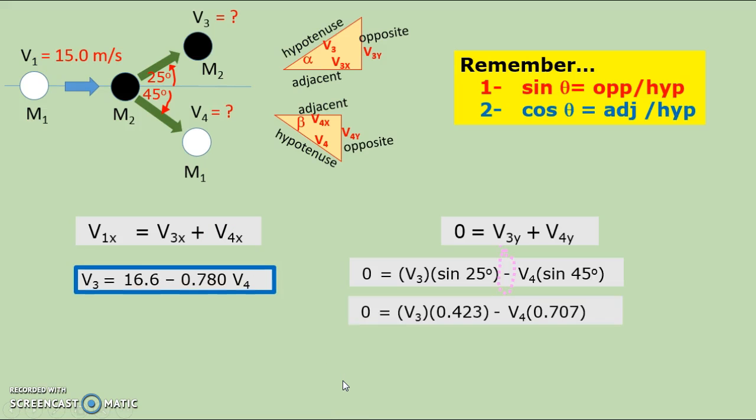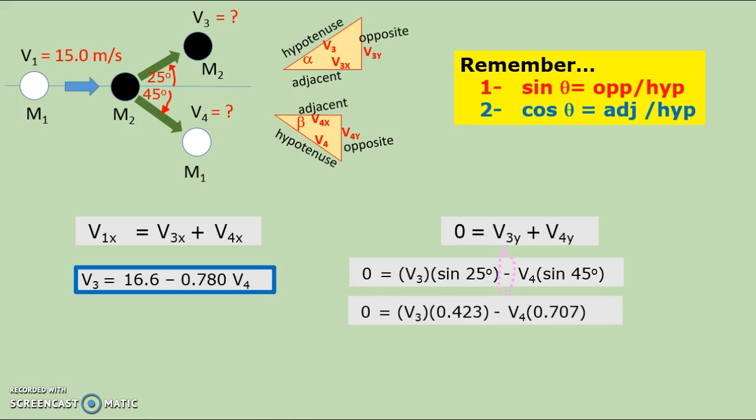So I have that equation, and I start on the second equation. One thing to realize is that if we establish y up being positive, then that makes y going down negative. So I've stuck a negative sign here. That negative sign is because this V4 is going down, as shown in the drawing.